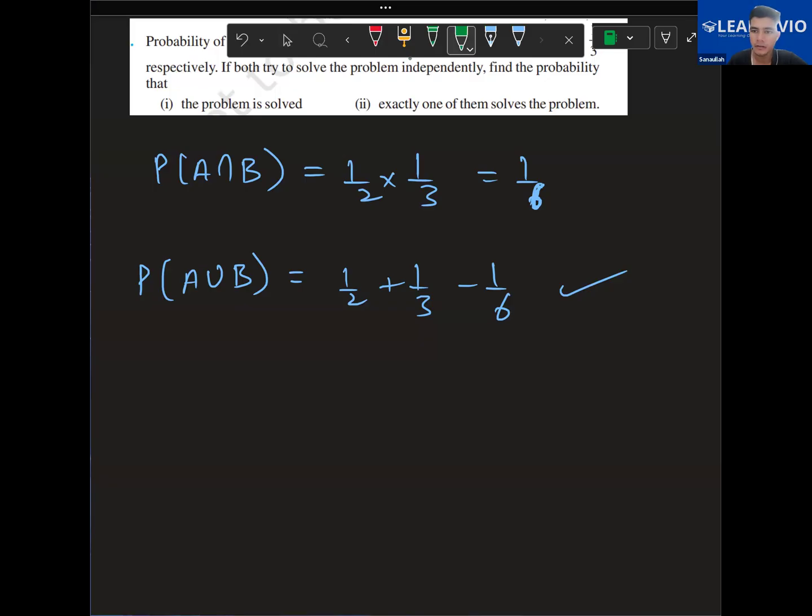The problem is solved exactly by the one, right? Exactly one of them solves the problem. That means if A is solving the problem, then B is not solving. And if B is solving, then A is not solving.